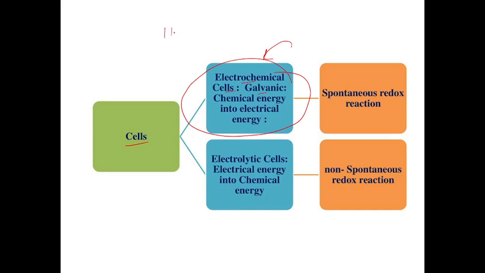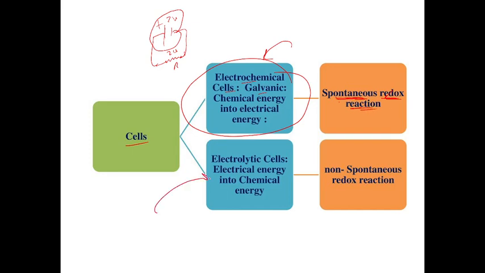If you add this battery in any circuit, it will provide voltage, suppose 2 volts, and it will do some work, for example across a resistance R. You need not do anything to your battery. The reaction occurring inside this battery is a spontaneous redox reaction. That is not compulsory, because some batteries are irreversible also, but galvanic cells are generally reversible, so it is written here as a spontaneous redox reaction.